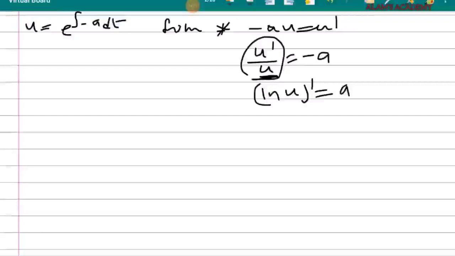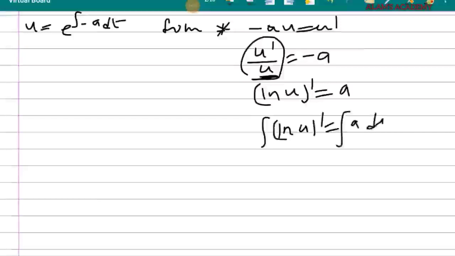Now that I have done this, I want to take integral on both sides. So take integral on u with respect to t, which implies that the integral sign will go with the differential sign here, leaving this. Because a is a variable coefficient, it depends on t, we cannot integrate it just like that.